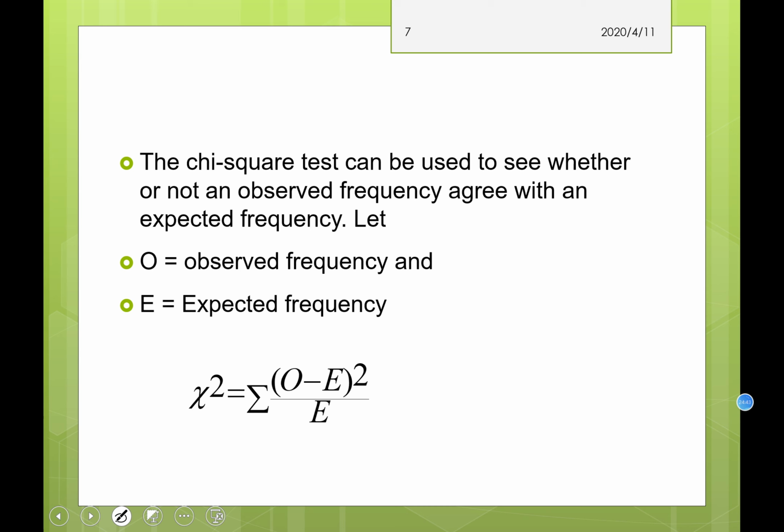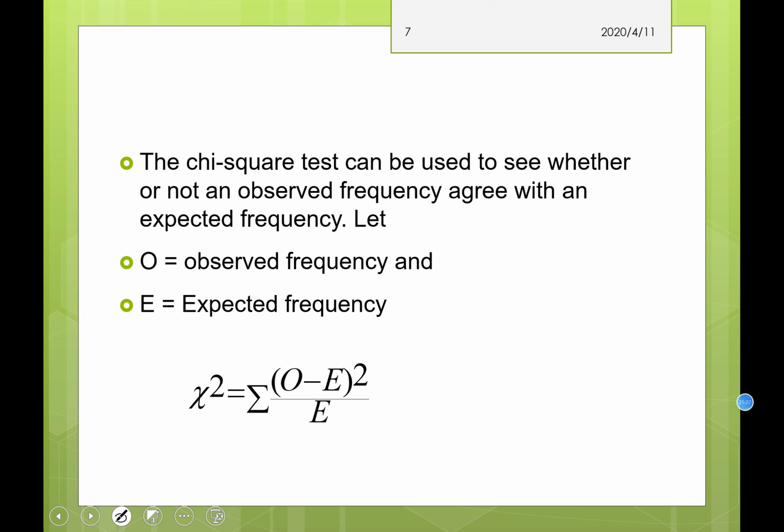Okay. The analysis of the R times C contingency table entails making a comparison of the observed frequencies to the expected frequencies. When the null hypothesis is true, that means we suppose there is no difference of the column variables among different groups, and then we try to prove it by using the observed frequencies and the expected frequencies.